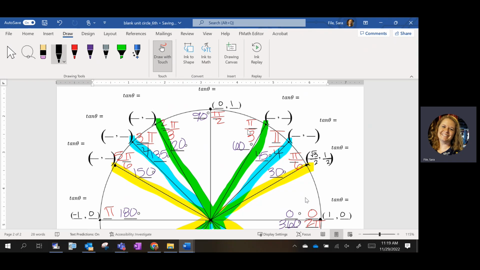Okay, and then we talked about the 60 is just the inverse of that. You just switch the x and y because it's still a 30, 60, 90 triangle. It's just flipped around so that the short edge is on the bottom horizontal and the long side is vertical. So the x and the y just switched, so that x was 1/2, y was root 3 over 2.